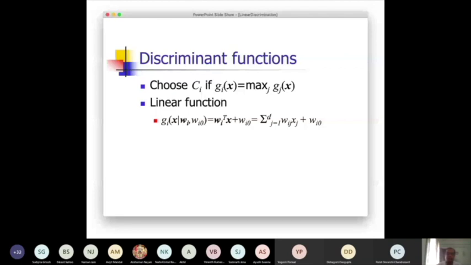For that function, the class which is denoted by that function, that class you should assign. That is where the name of the discriminant function comes from. So it is discriminating a feature vector among all these classes, and it is tagged with a particular class using this policy only.